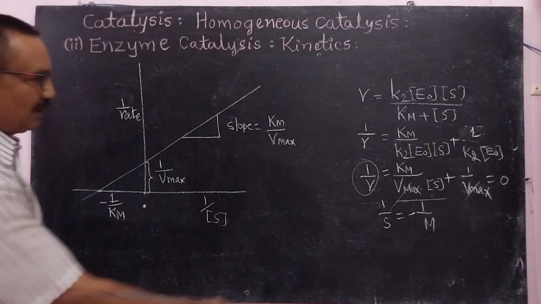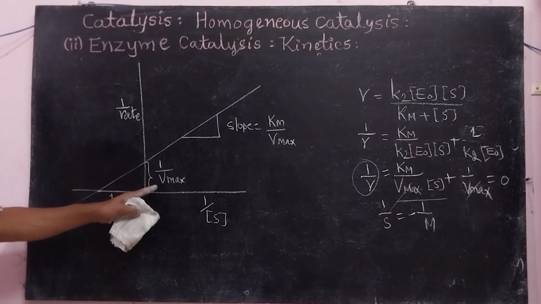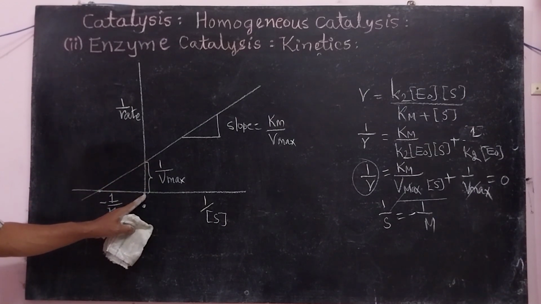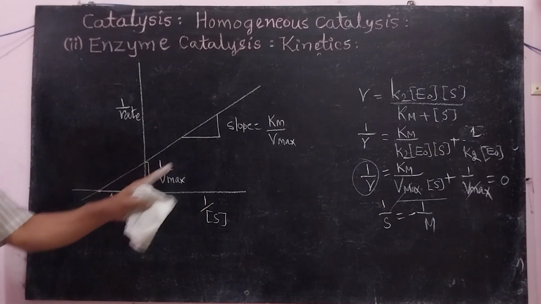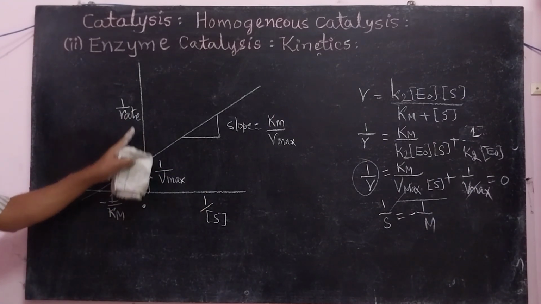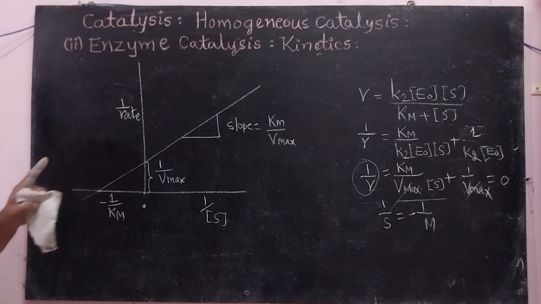Slope equal to Km divided by Vmax, and y-intercept equal to 1 divided by Vmax. Y-intercept means x equal to 0, this part equal to 0. And x-intercept means y equal to 0, that is 1 divided by r equal to 0. Thus, you are going to get minus 1 divided by Km.